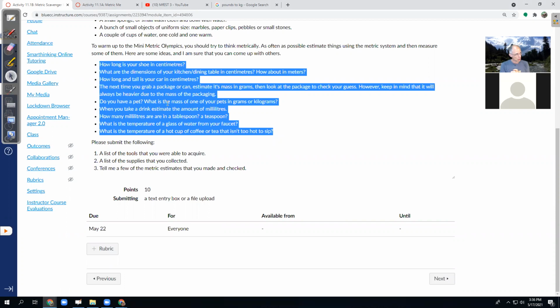Like if you like tea or coffee in the morning, how hot is it? If you like a bowl of oatmeal, how hot is your oatmeal? Maybe you like a cold drink from Dutch Bros. How cold is that cold drink with ice in it? Is it really freezing? I don't think so, but it's got ice in it. The ice was frozen, but it's melting. So just think about things that you can estimate in these different areas that we're working on here.